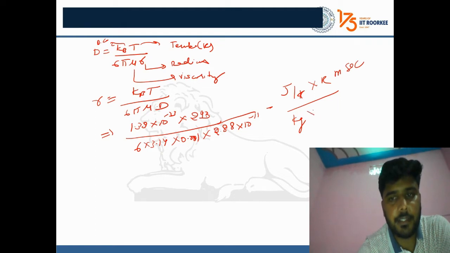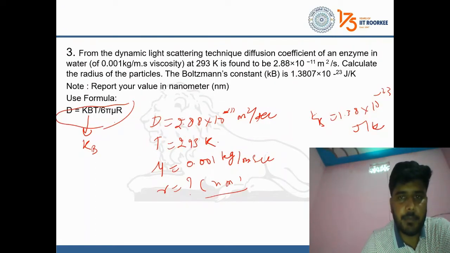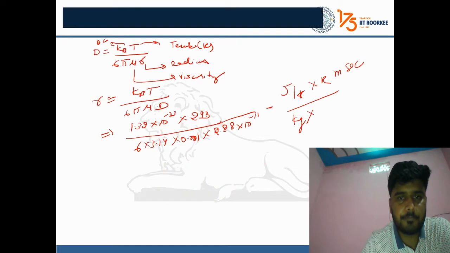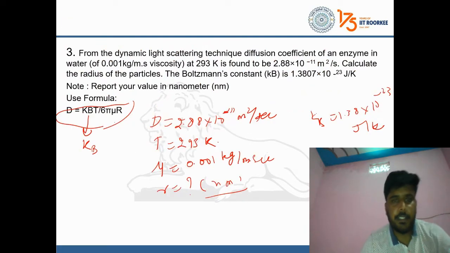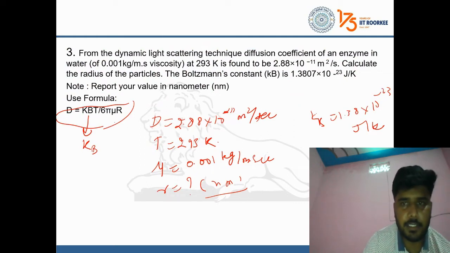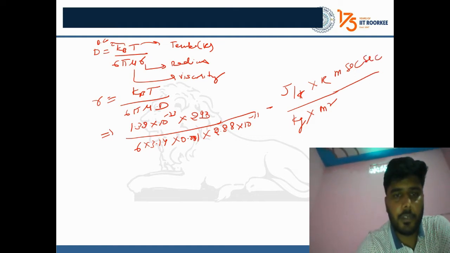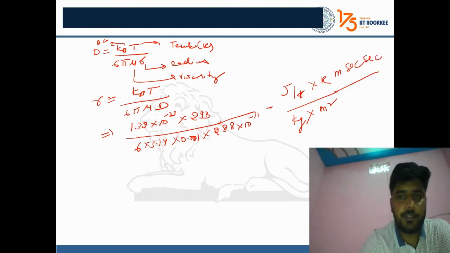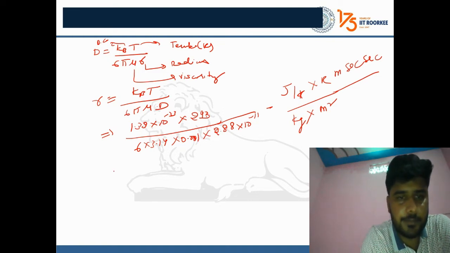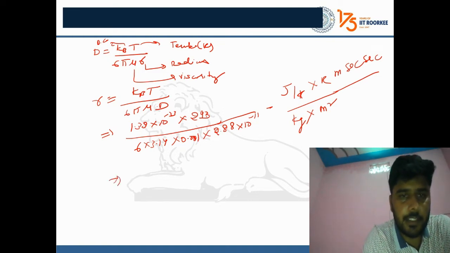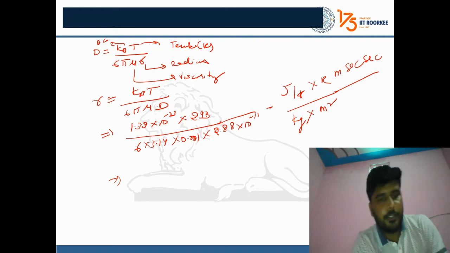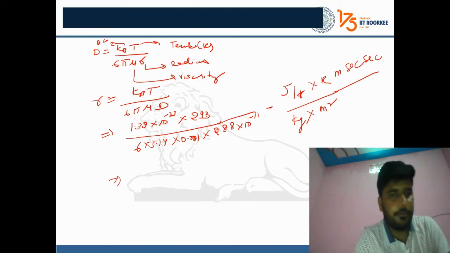And multiply by D, and the unit of D is also given here, meter square per second. I will solve the units conversion later on, or I can solve it side by side also.